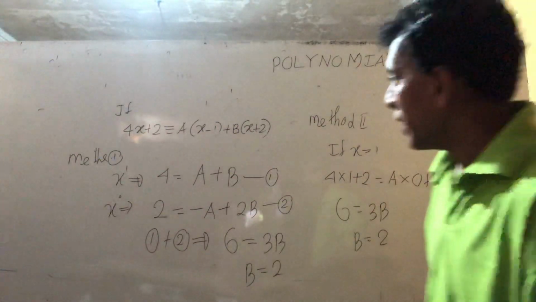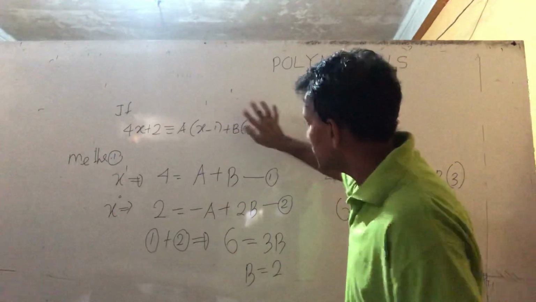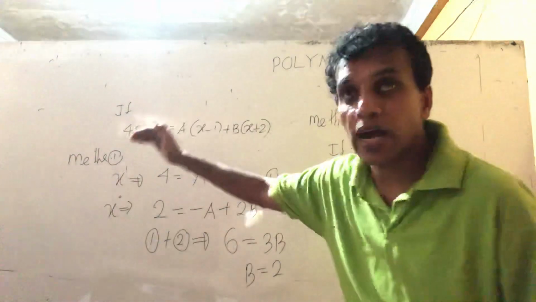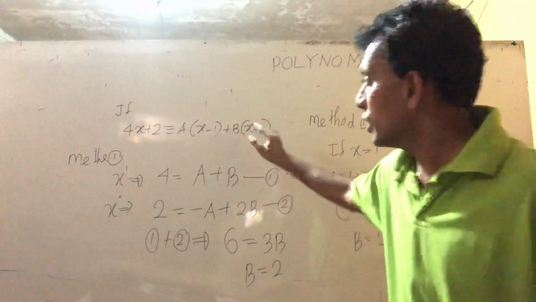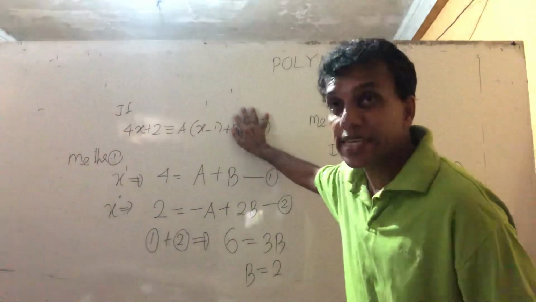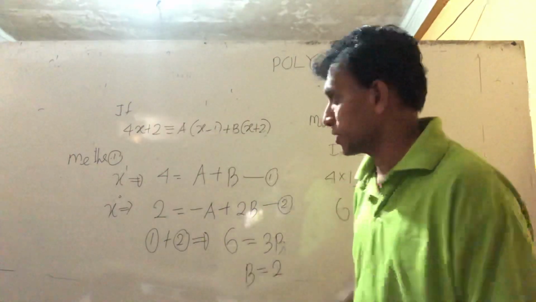Next one, make this part 0 to find the a answer. When this becomes 0, put x = minus 2, right? If you put x = minus 2, this is 0, and you can find the a answer.